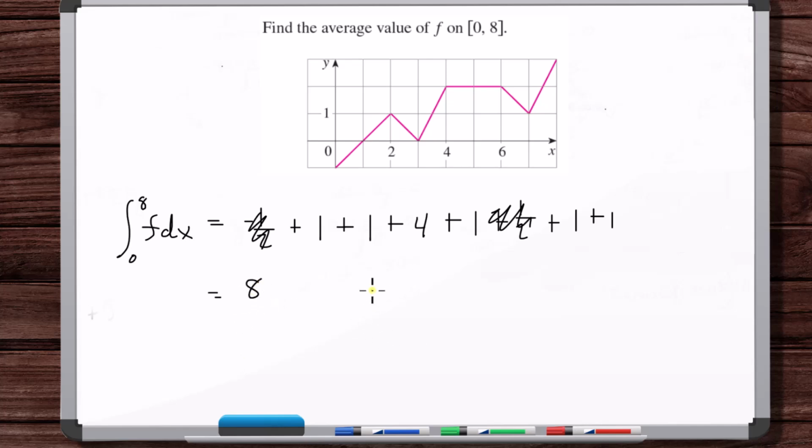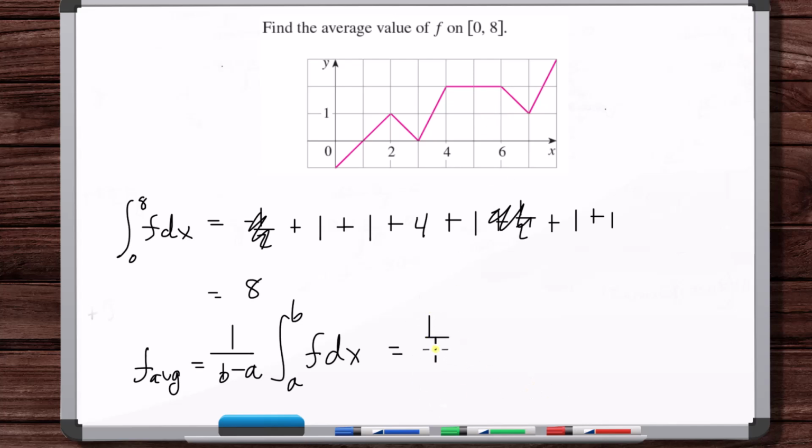Okay, so f average is equal to 1 over b minus a times the integral we just calculated. So what's 1 over b minus a? It's 1 over 8 times 8.